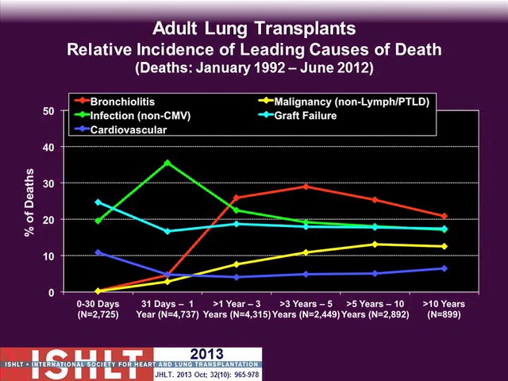The cardiovascular deaths are relatively uncommon, and you can look at the blue line depicted here. They are, again, rare, mainly because these patients undergo rigorous evaluation of their cardiovascular status prior to transplantation and are monitored very closely.